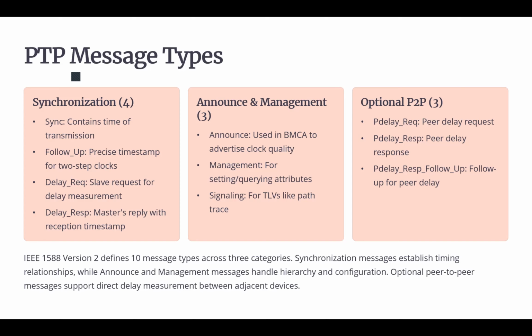One is the delay request, where the slave device sends a message to the master to ask how long messages take to travel through the network. It's asking how long it took my message to reach you, so I can factor that into my clock setting. The master would respond to that request with the delay response type of message.